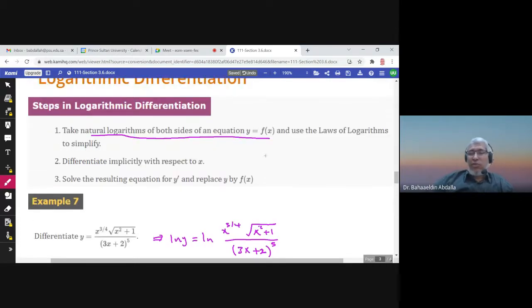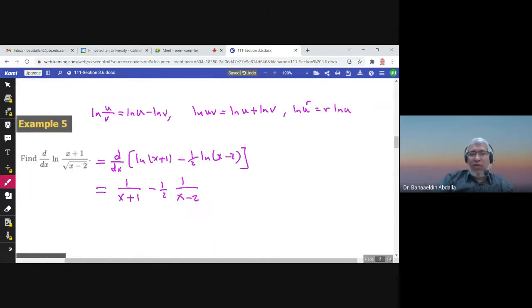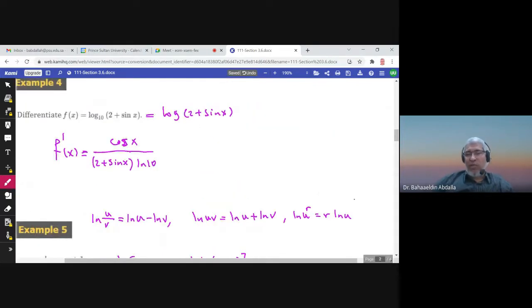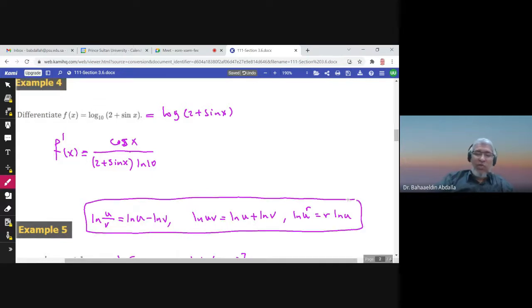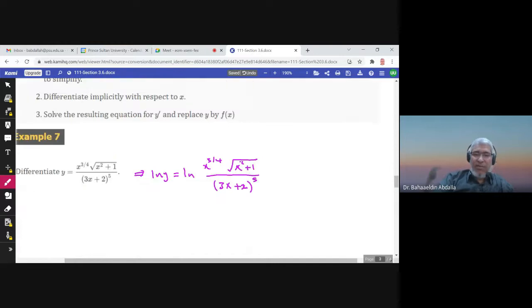Then I use the laws of logarithms to simplify. These are the laws of logarithms, the three laws of logarithms. We use this to simplify the right-hand side.